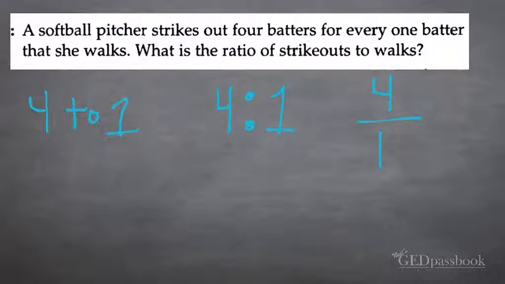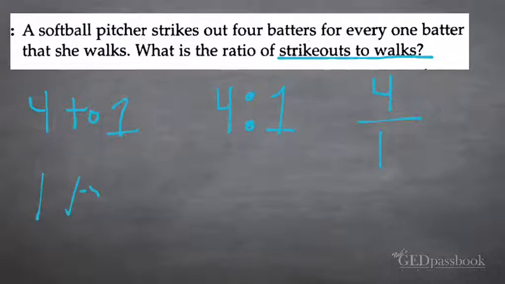It's cool. If the question were to say, what is the ratio of walks to strikeouts? Like how my line went down. If it says walks to strikeouts, what is the ratio? 1 to 4. So all of this flips.